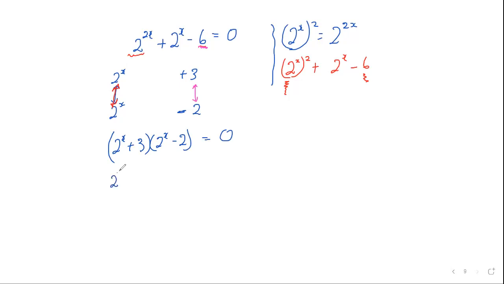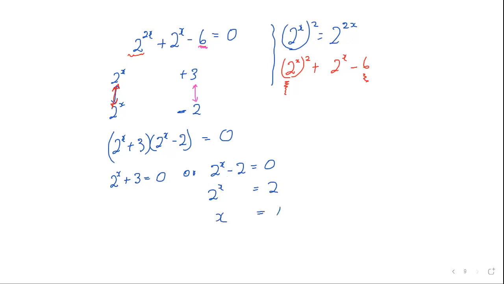Therefore, 2x plus 3 is equal to 0, or 2x minus 2 is equal to 0. 2x is equal to 2. Therefore, x is equal to 1.